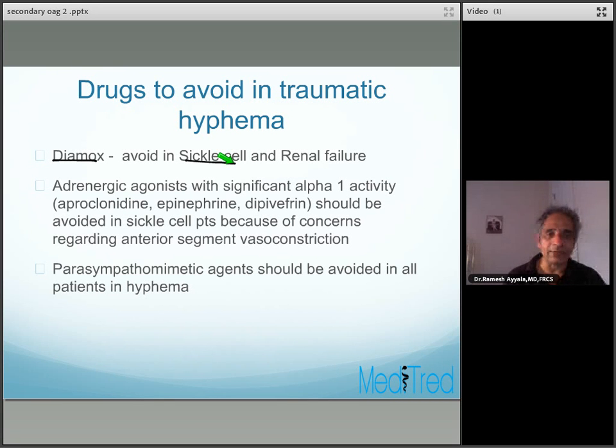Adrenergic agonists with significant alpha-1 activity such as apraclonidine and epinephrine should be avoided in sickle cell patients because of concerns regarding anterior segment vasoconstriction. Parasympathomimetic agents should be avoided in all patients with hyphema, as they tend to move the iris, can stretch the iris, and cause more bleeding and worsening of the inflammation.